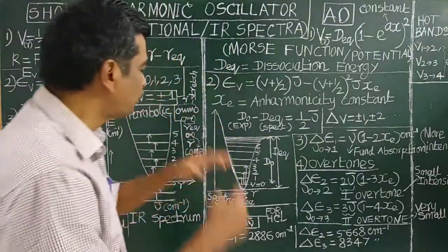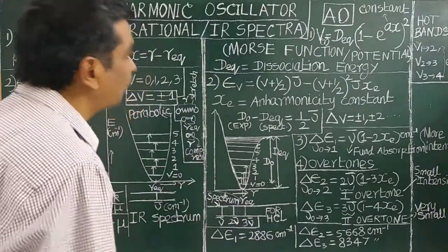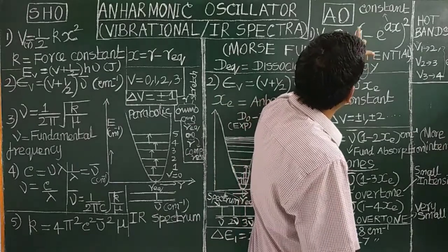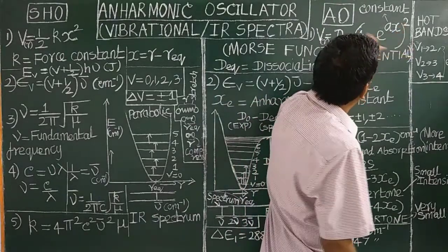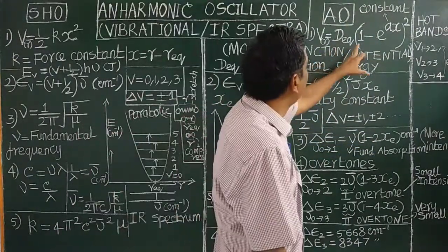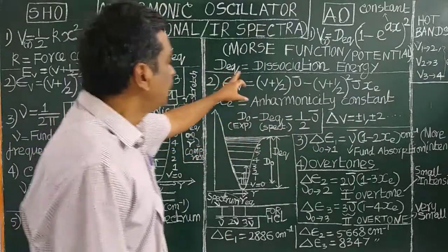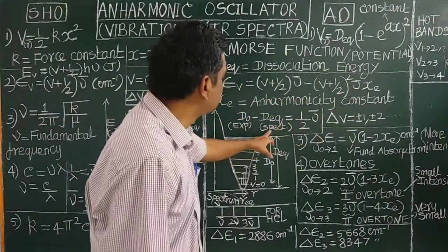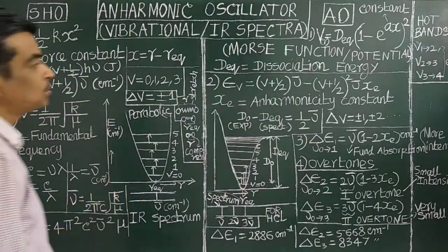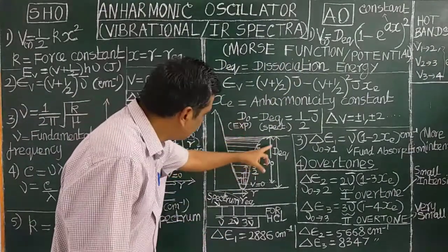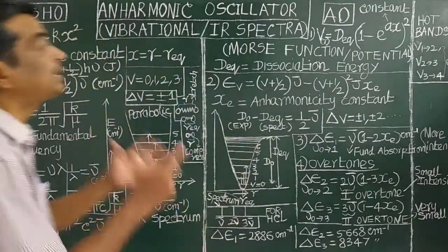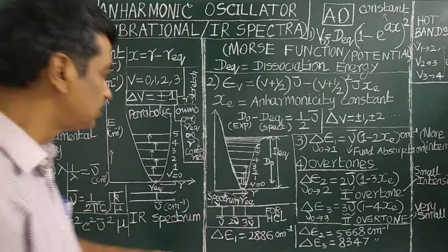At R equilibrium, the potential energy of the molecule is minimum. V(R) equals D_e (1 minus e to the power minus a x) whole square, where a is a proportionality constant and D_e is the spectroscopic dissociation energy. I have shown how it is obtained. D_0 is the experimental dissociation energy.